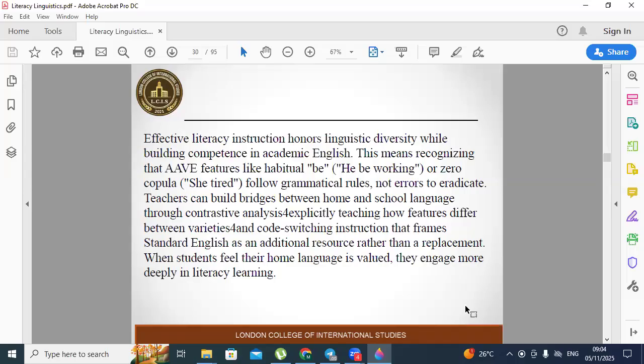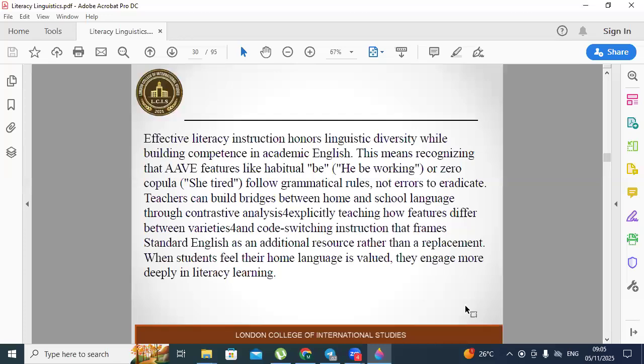For Appalachian English speakers, it might address features like a-prefixing on verbs: "she was a-working" versus "she was working." The key is making these differences explicit rather than simply correcting students' language. We're teaching them about language variation, not telling them their language is wrong.